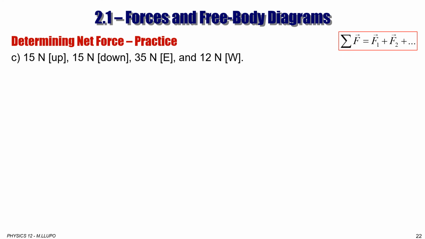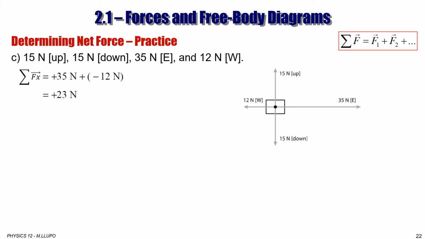Here's another one. We have four forces this time. 15 Newton up, 15 Newton down, 35 Newton east, and 12 Newton west. You can draw it. And then the sum of all forces on the x-axis: 35 Newton is positive, it's east, and 12 Newton is west, so negative. The sum of all forces on the x-axis is plus 23, that means 23 Newton east.